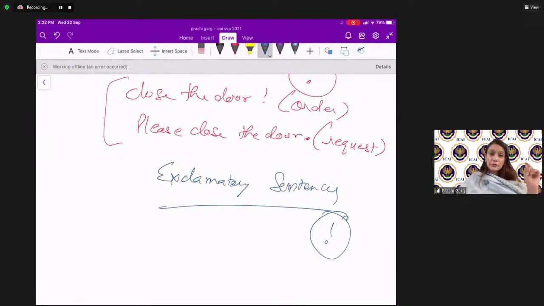If you think it's an order and an exclamation mark has been used, then that's an imperative. But happy birthday or happy new year or what a tasty pizza cannot become imperative because these sentences are expressing your emotions. Am I clear?